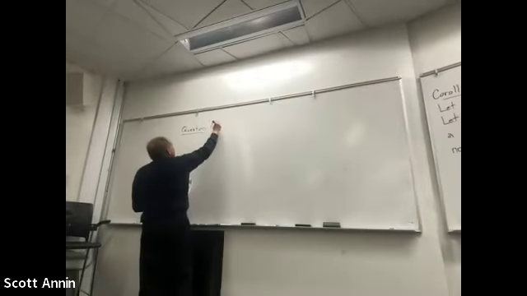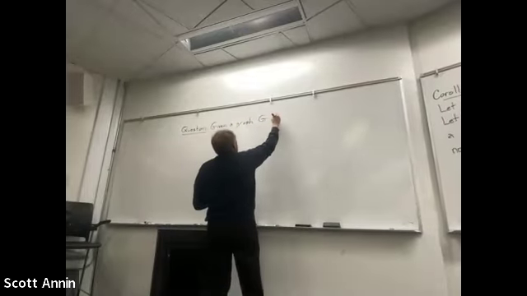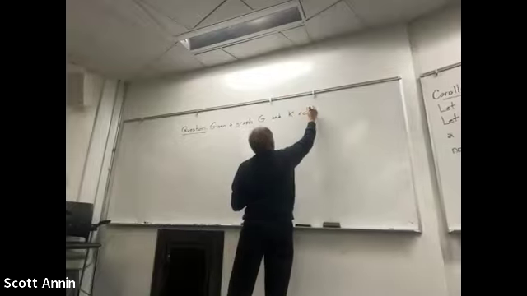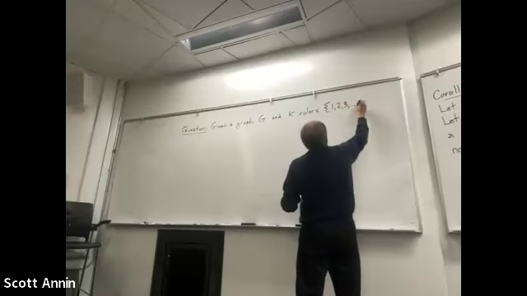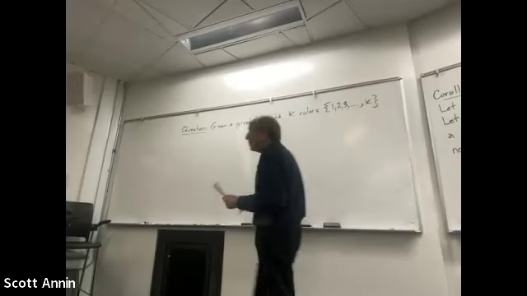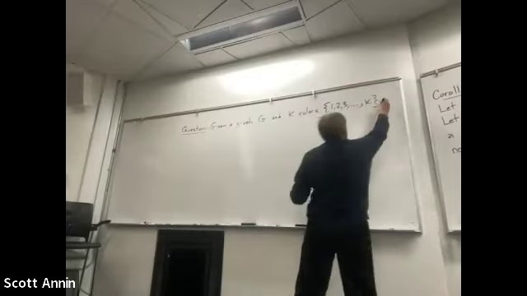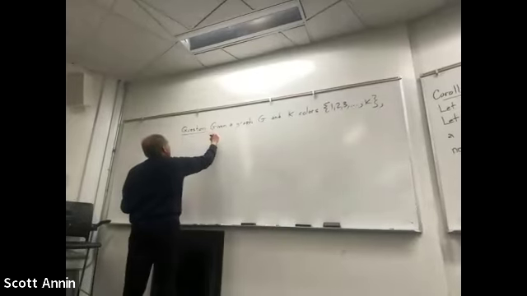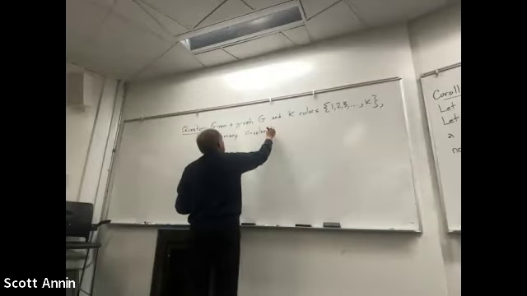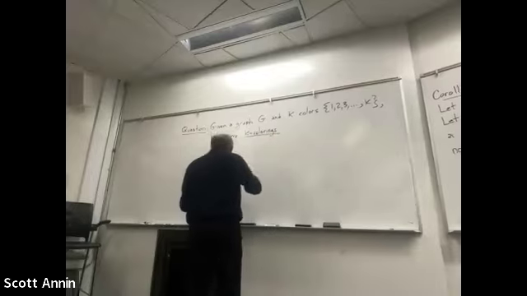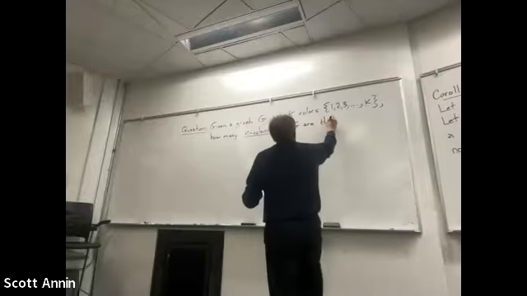Given a graph G and K colors, maybe we can put them into a set, say 1 through K. The question is, how many K colorings of G are there?